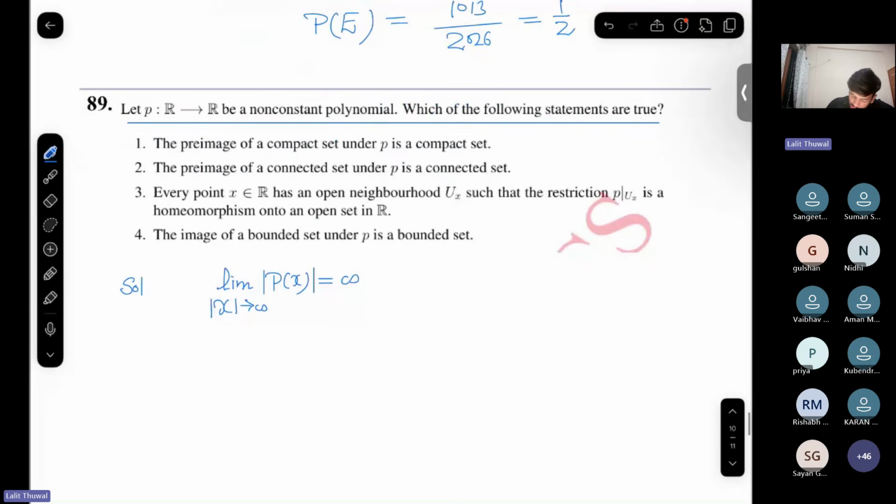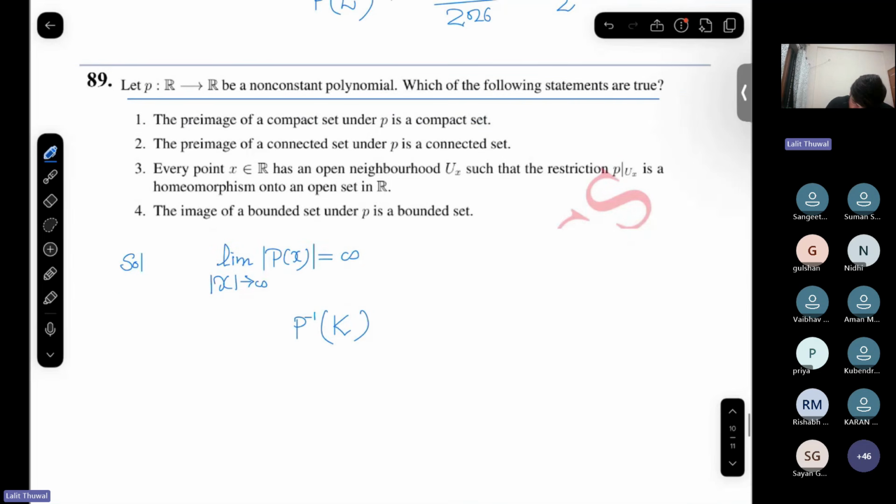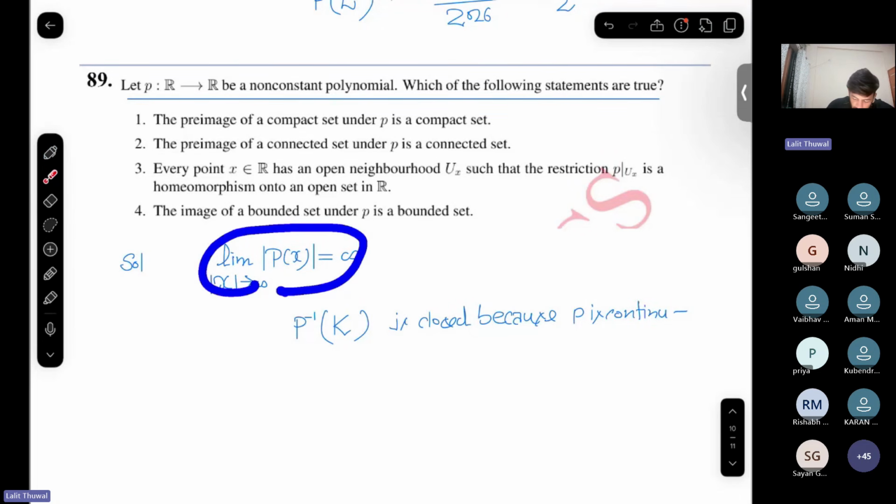Okay. So see, suppose K is a compact set and P inverse K denotes its preimage, and it is closed because of the continuity of P. It's closed because P is continuous. So I just want to know whether it is unbounded or bounded. So this tells you that it must be bounded, right?